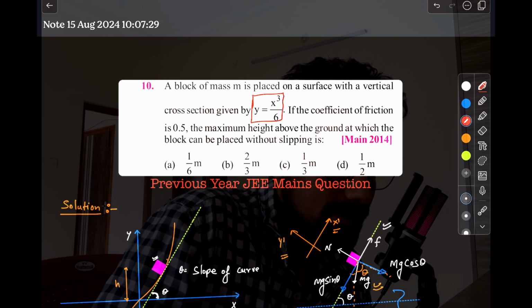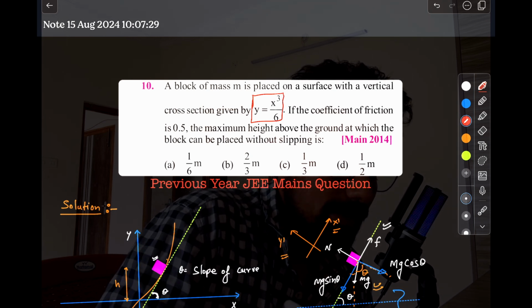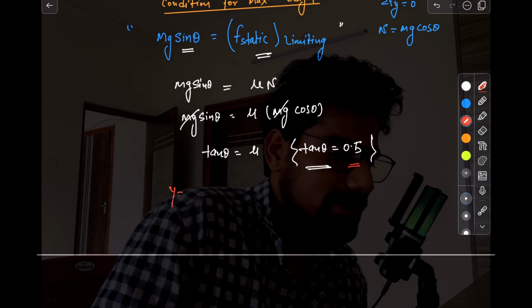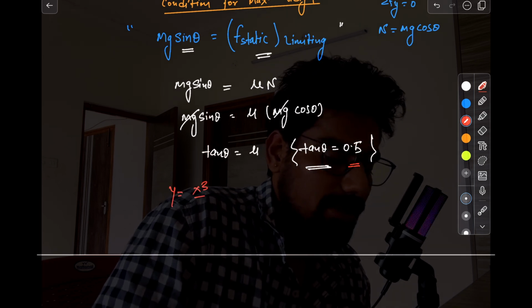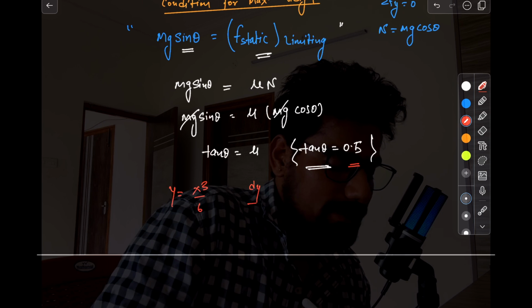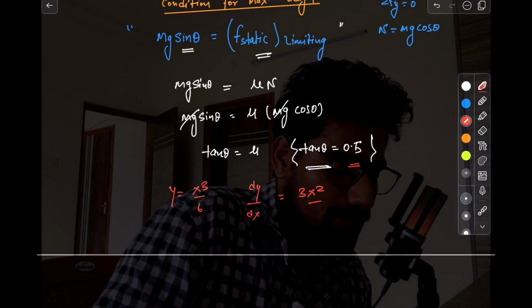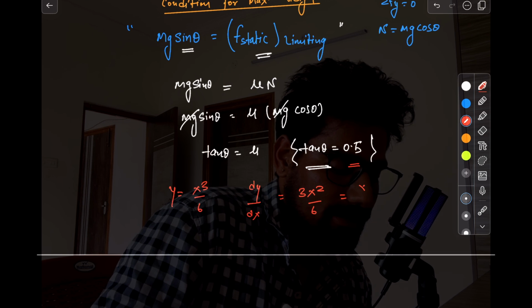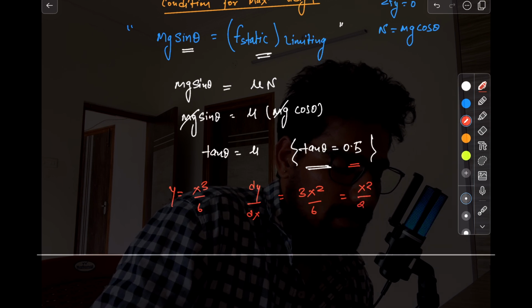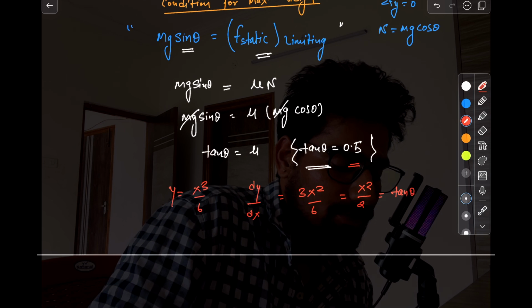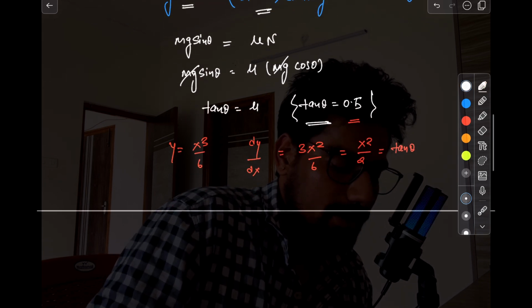We know differentiation of the curve gives us the slope of the tangent, right? So y is x cube divided by 6. If I do dy by dx, that is 3x square divided by 6, which comes out to be x square divided by 2. That is basically our tan theta, because the slope of the tangent is equal to tan theta.